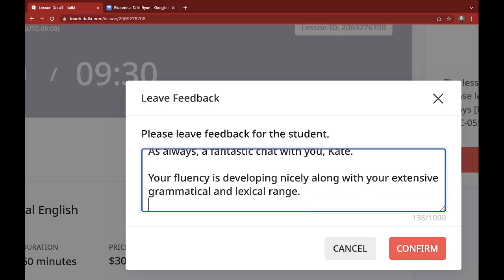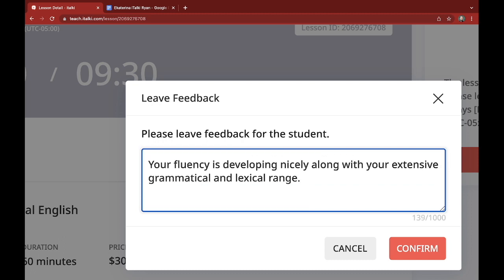Okay, now I could talk about some constructive criticism. So some language I like to use with constructive criticism, I like to keep things positive, okay? So I would say something like continue improving or continue working on your pronunciation and word choice.